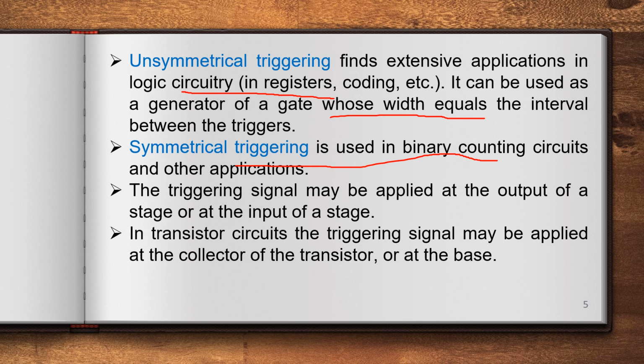The triggering signal may be applied at the output of a stage or at the input of a transistor. In transistor circuits, the triggering signal may be applied at the collector or at the base of the transistor.